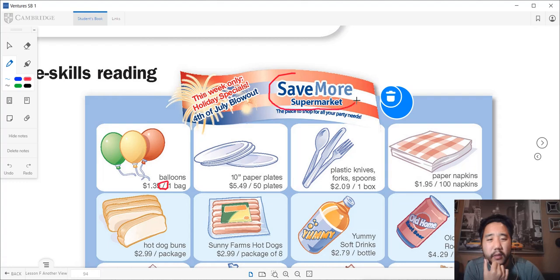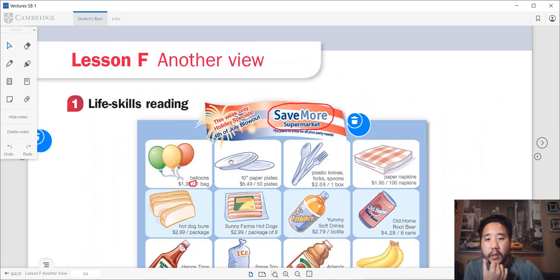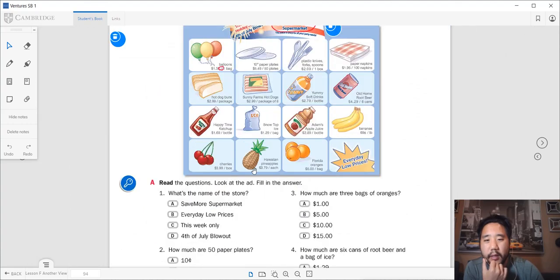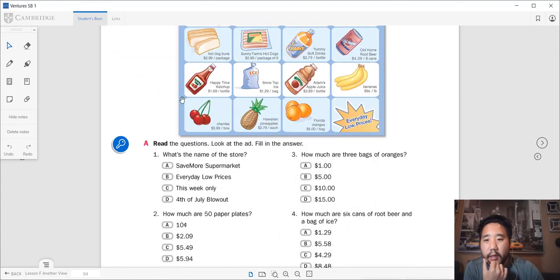Here we see, this is the name of the store. Save More Supermarket. Pretty easy, huh? We go back. The answer is A for number 1.